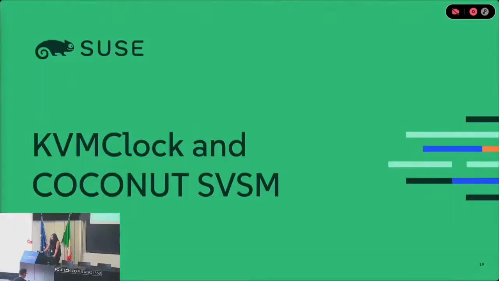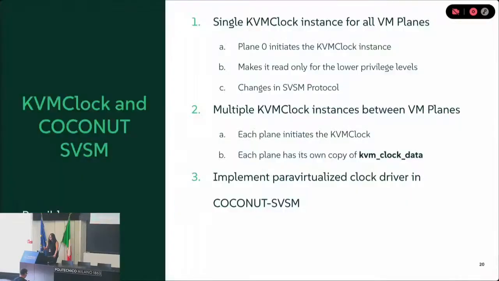So how would KVM clock and COCONUT-SVSM work? This is something that is still in discussion, but I had some discussions with the maintainers yesterday, and I also invite you all to discuss if you have any concerns, comments, suggestions. There are three approaches we can take.